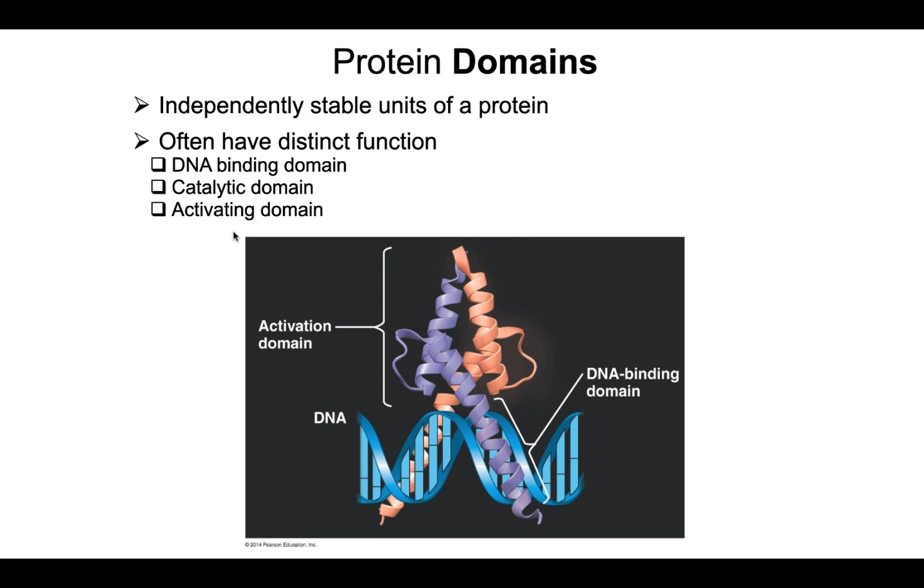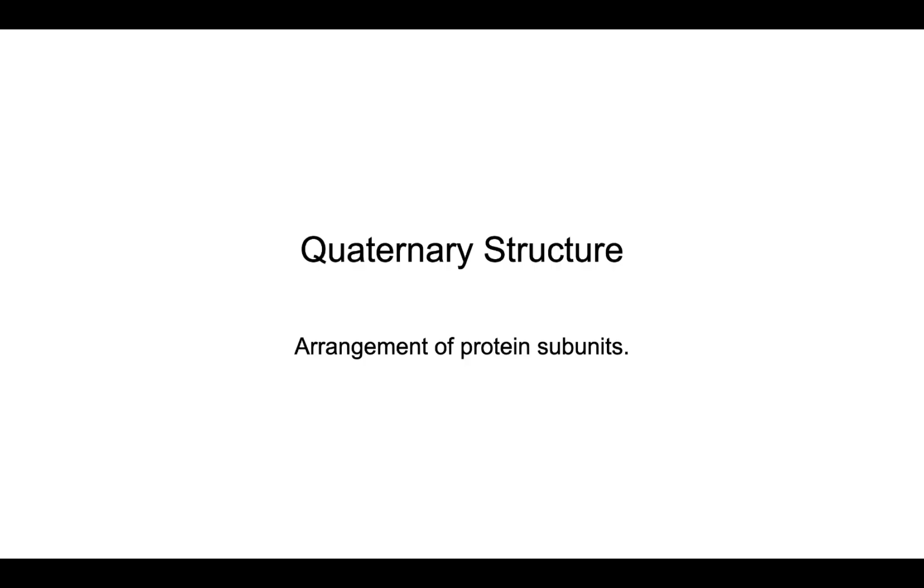Catalytic domains are parts of a protein that catalyze reactions. And because these are domains, you can cut this off, it'll fold properly and still maintain that activity. And so you could transfer one domain to another protein, and you can start to engineer proteins that way, and that's going to be an important part of the journal article you're reading.